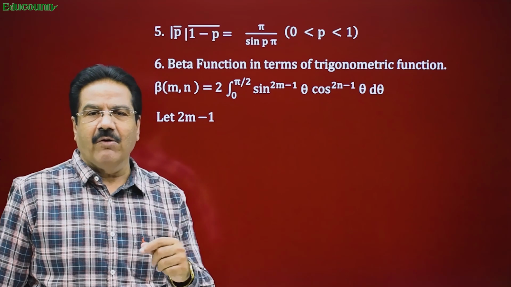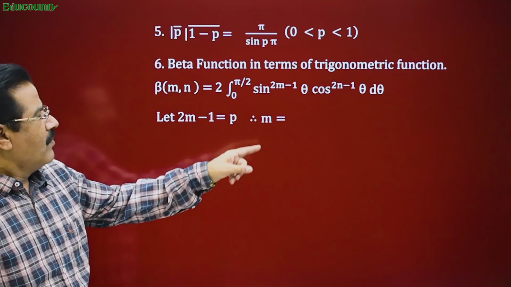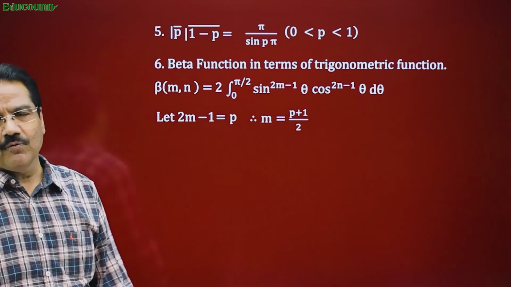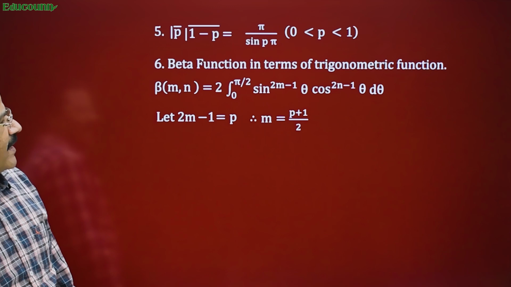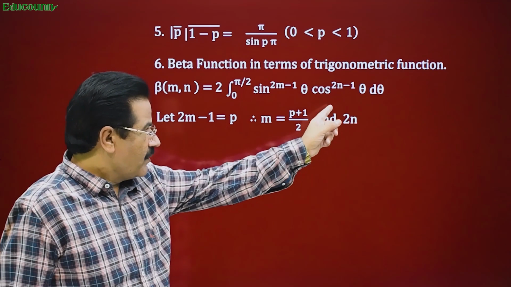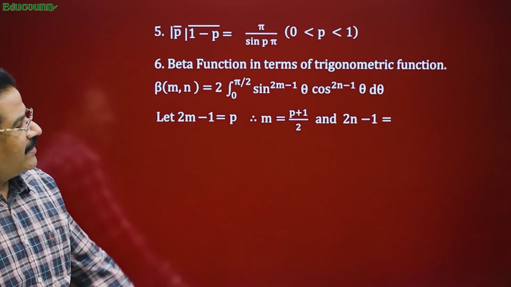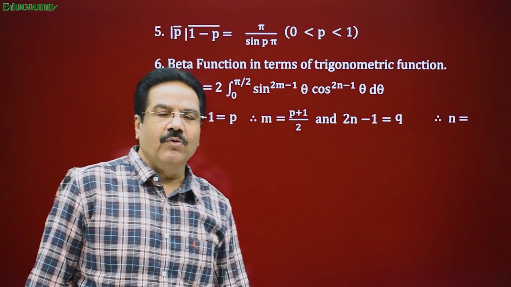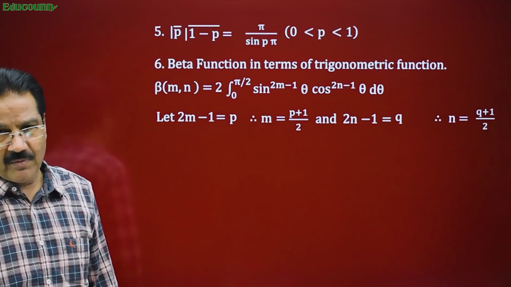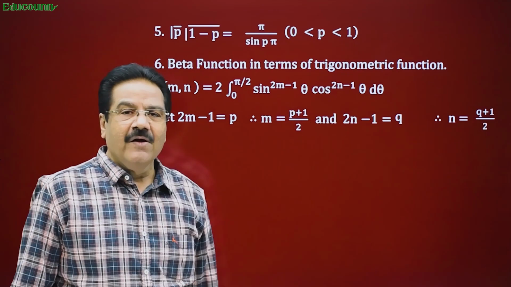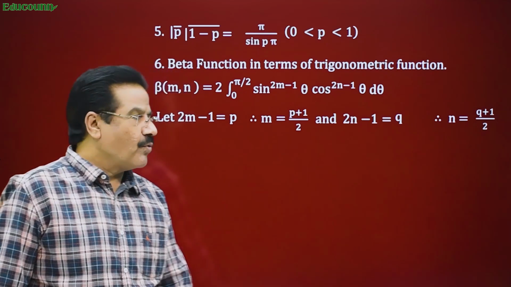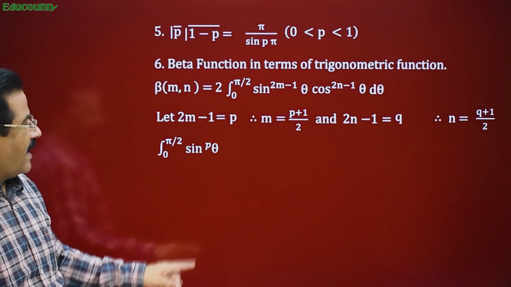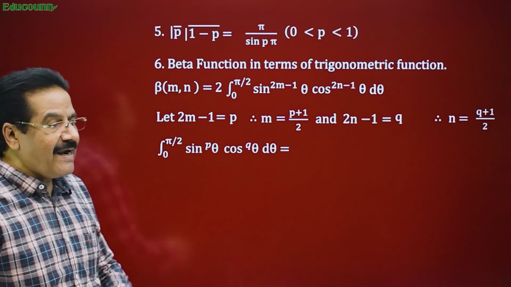2m minus 1 is equal to p, and therefore we can say that m is equal to (p plus 1) by 2. Similarly, we can substitute 2n minus 1 is equal to q, and therefore we can say that n is equal to (q plus 1) upon 2, and therefore this formula will get modified into integration 0 to pi by 2 sin raised to p theta into cos raised to q theta d theta.